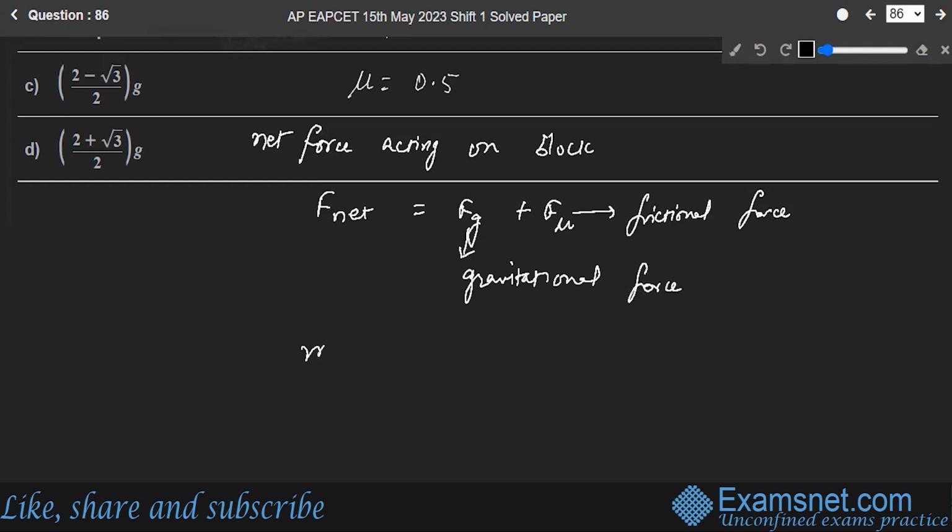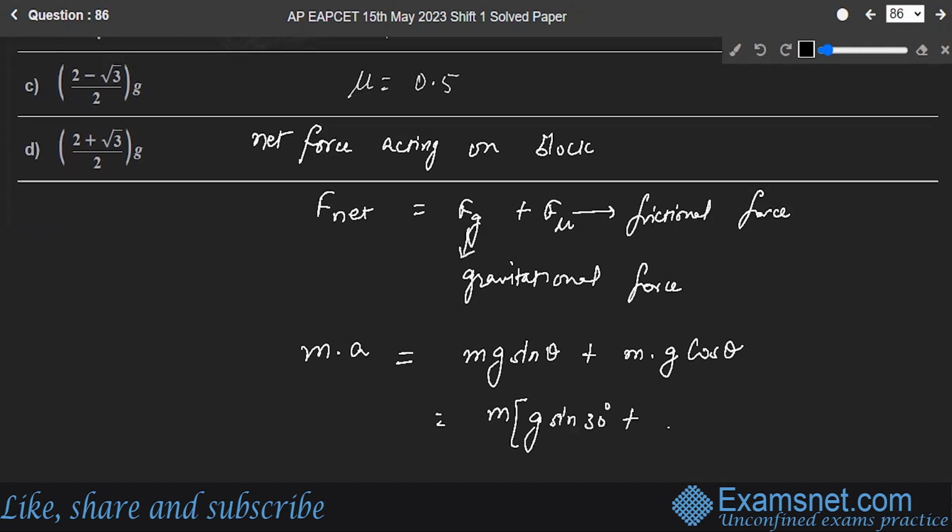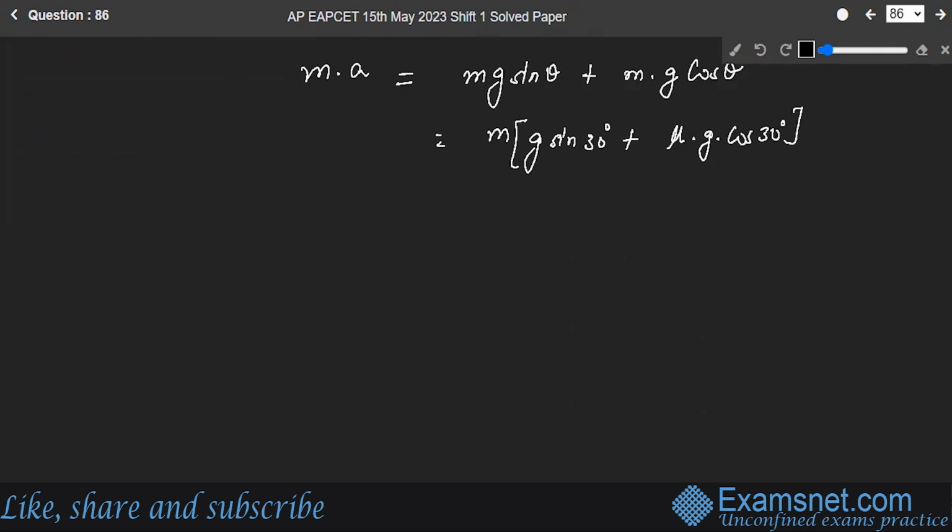So the net force, which is given by mass into acceleration, is equal to mg sin theta plus mu mg cos theta. Here I'm taking the m common, so this will be g sin 30 degree, and mu will be added because this is acting in the downward direction. So mu into g into cos 30 degree. So this is m into a, and m will cancel.